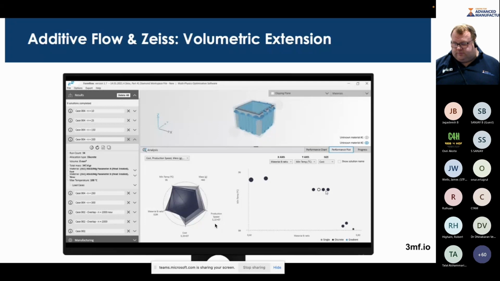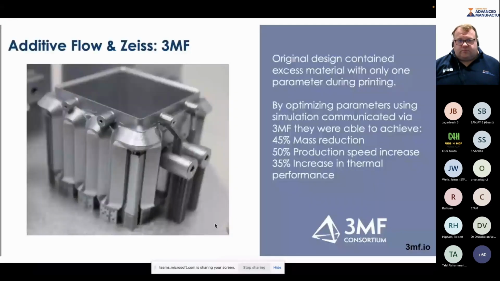But here we see by using the 3MF to communicate the parameter sets, you can have a 45% mass reduction, a 50% increase in speed because you can run a laser faster where you don't need the same density, and a greater thermal performance by changing the metallurgy of the metal through parameters. And this is because we're describing every voxel of every layer.